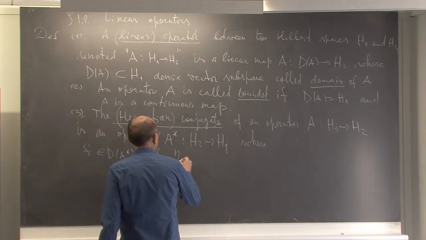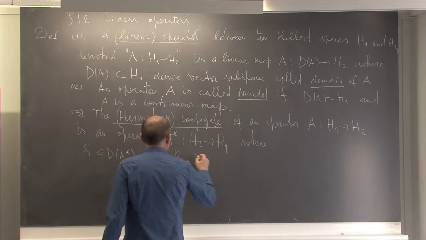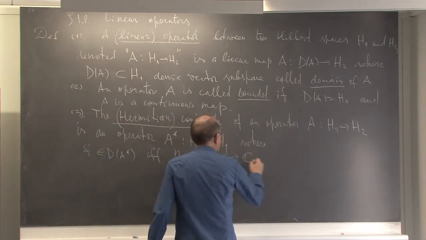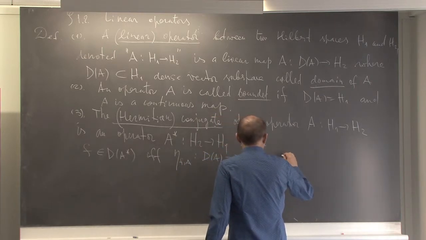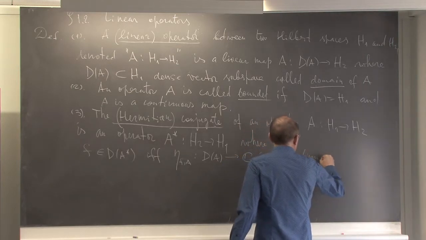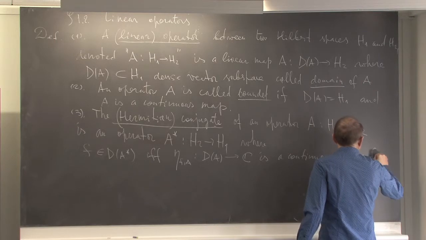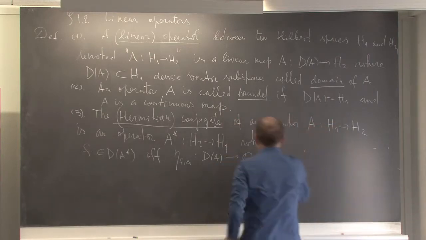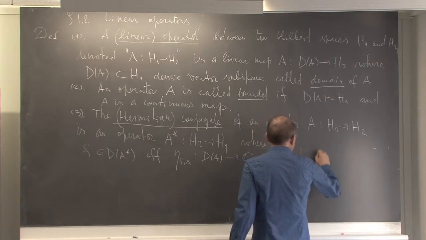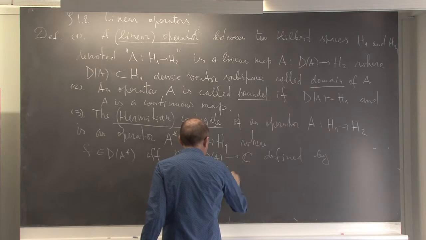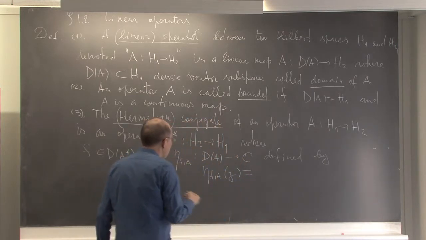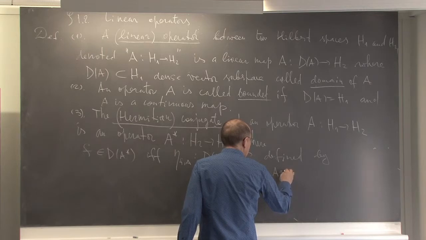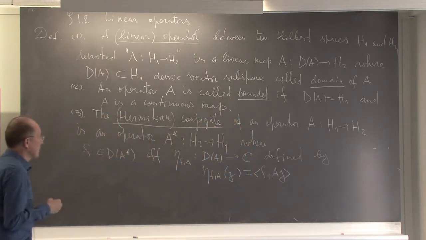eta f of A, which is a map from D of A to C, is a continuous linear functional, defined by: eta f of A acting on g is given by the scalar product of f with A acted upon g.